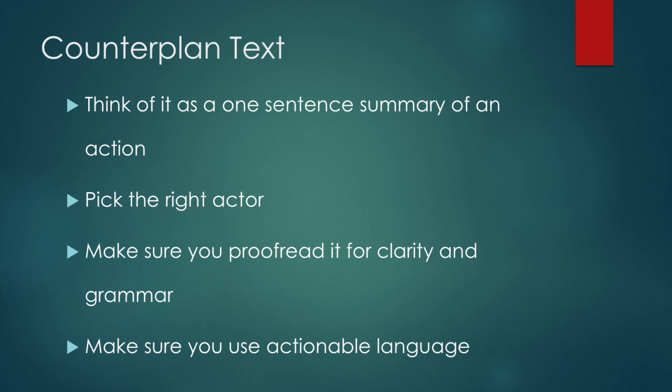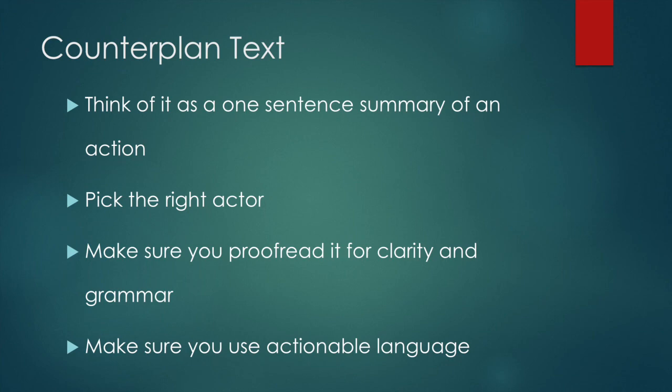So, for instance, you might hear something along the lines of, counterplan text, the United States federal government should outlaw the sale of assault rifles. So that is a very brief description. You know what the action we're taking is. You understand what that means to outlaw the sale of assault rifles, but it doesn't quite get into all the nitty-gritty of how that's going to happen, the process, or things like that. That's more for the cards and the researchers and the experts to explain later on.